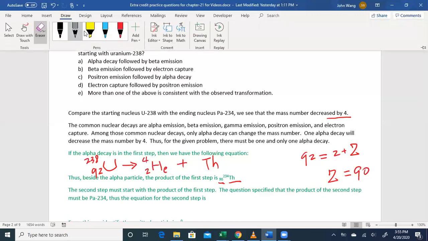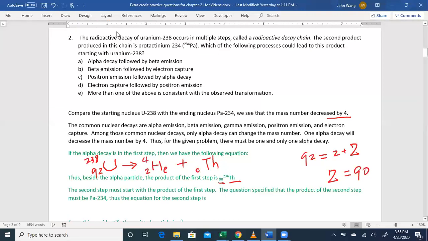Right. So now we will identify our second product as thorium 90. Similarly, we want to find out the mass number by balancing the mass number. We start with 238.